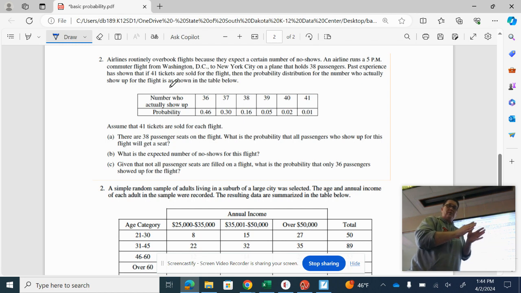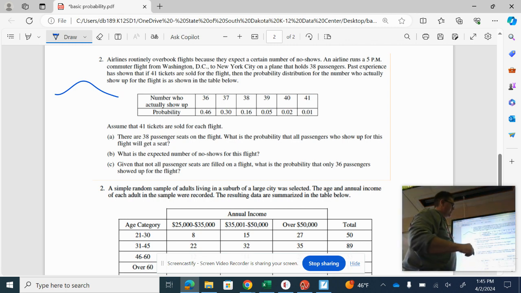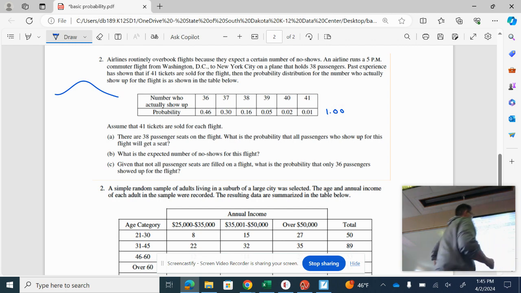Only certain outcomes can happen. It's not continuous. The normal curve is a continuous curve because any outcome in there can happen. You can have halves and things, but this has exactly integer amounts. And these probabilities add up to 1 or 100%.